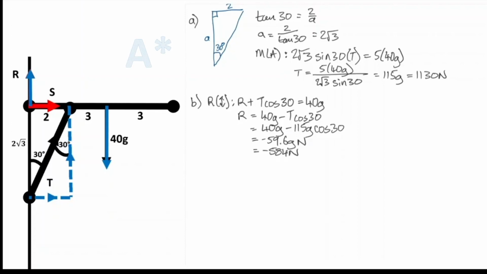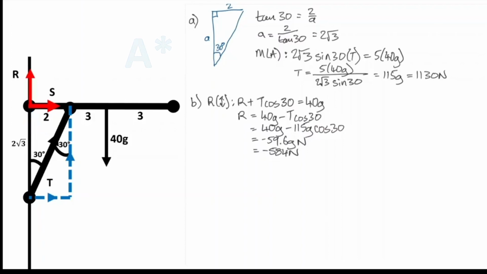That's negative 584 newtons. What that actually means is that R, we've modelled as going up, but in this particular case, R is a downwards component. So that's not a problem. We just chose by default that R was up, but our calculation has told us that R is actually pointing down.